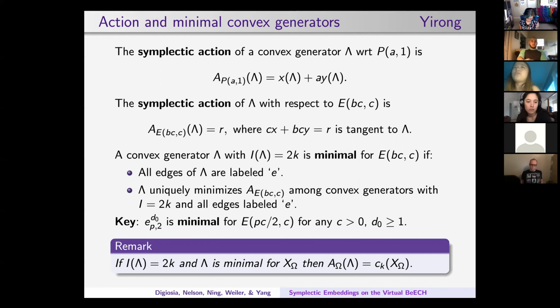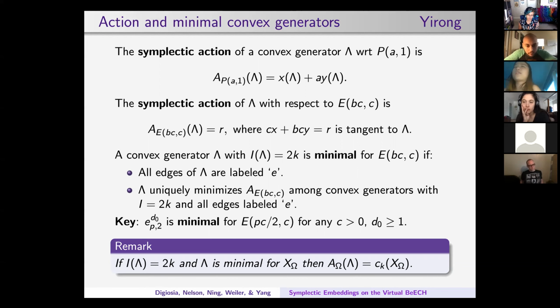Our proof also uses convex generators that are minimal with respect to the ellipsoid. You can see the definition of a minimal convex generator here. We'll consider the generator e_p2 to the d naught, which is minimal for the ellipsoid for any positive real number c and positive integer d naught.